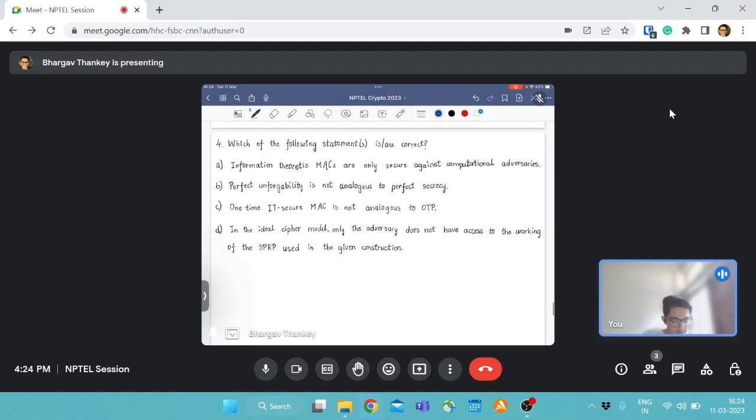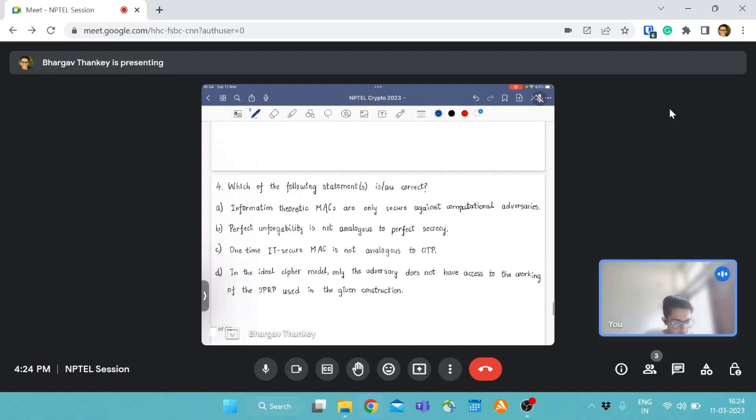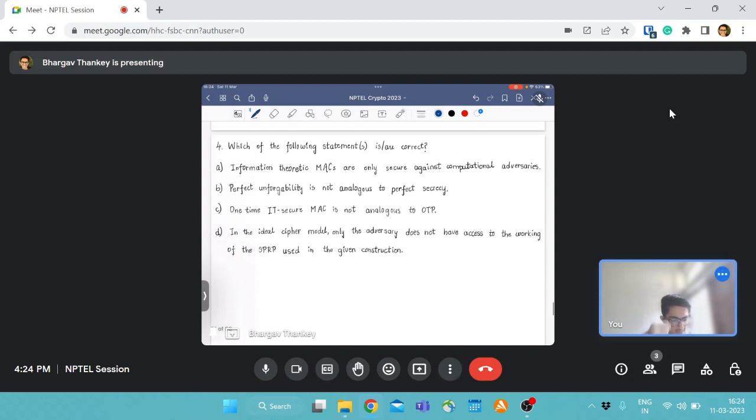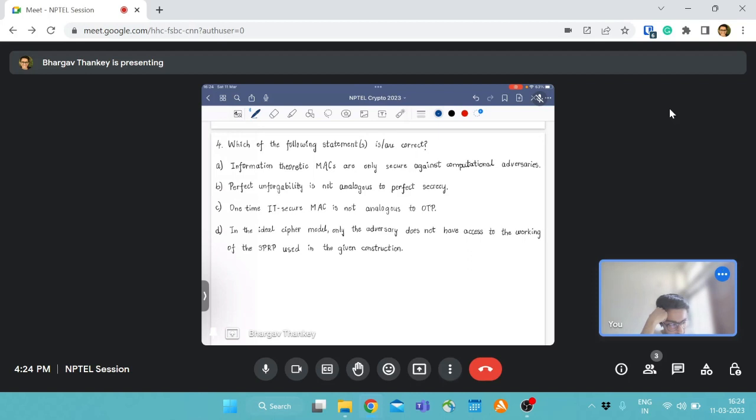The next problem is, which of the following statements is or are correct? Option A is, information theoretic MACs are only secure against computational adversaries. Option B is, perfect unforgeability is not analogous to perfect secrecy. Option C is, one-time information theoretically secure MAC is not analogous to OTP or one-time pad.